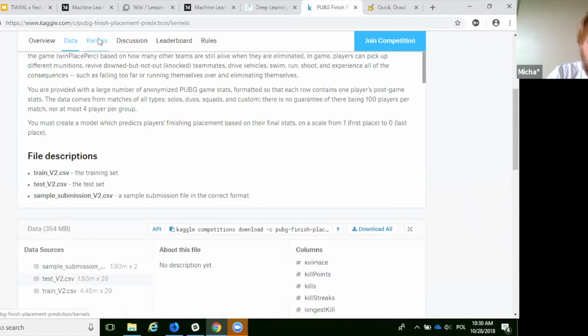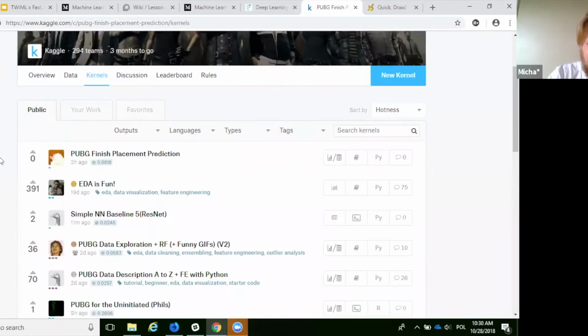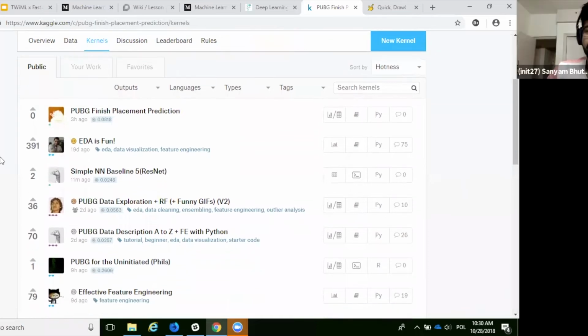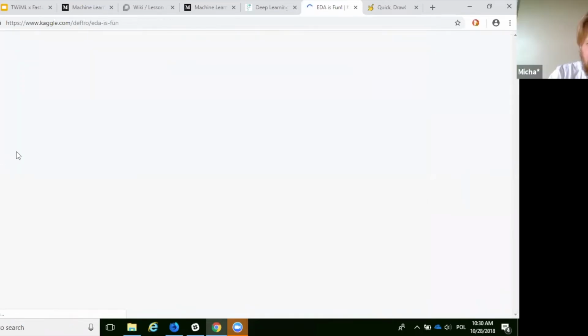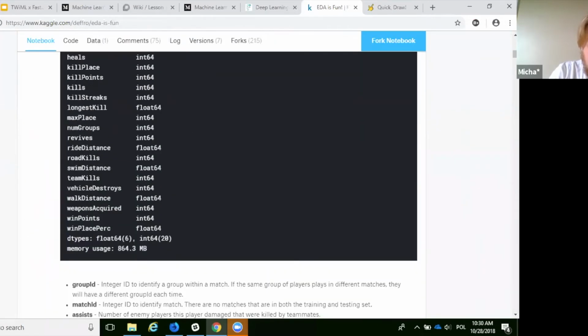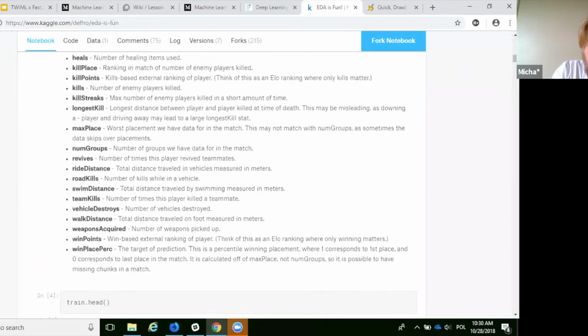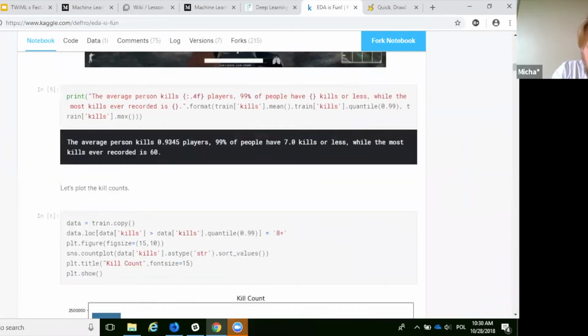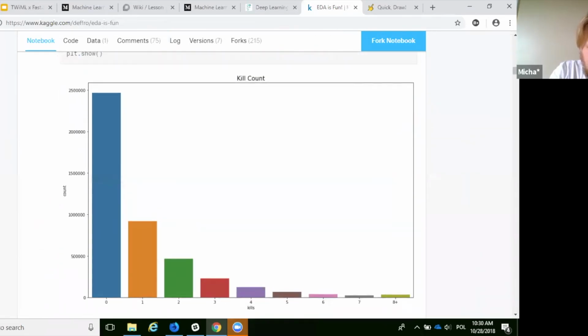So there's always this thing with Kaggle, the kernels. There are a lot of already done kernels. Yeah. So it's a good place to start. A lot of people, they even talk about games, and then they show you how to import the data, and they would also plot some graphs already.